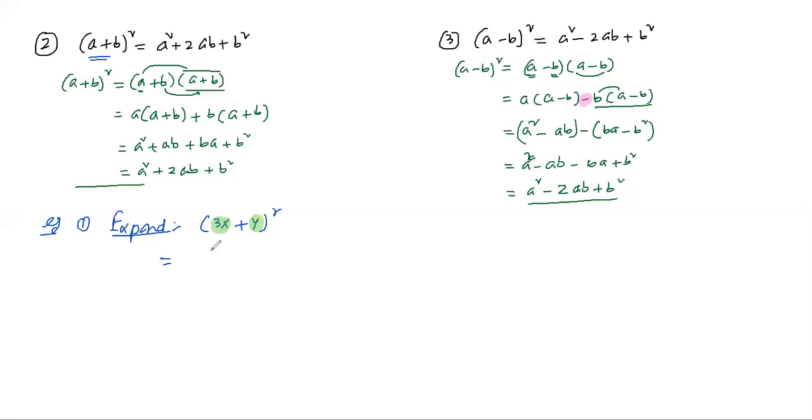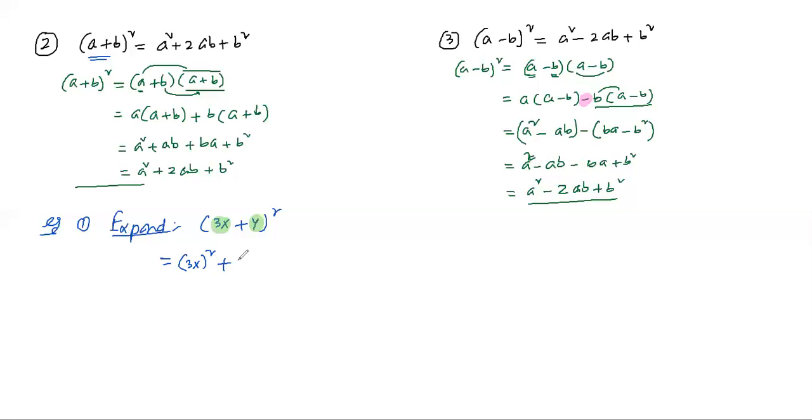This is the place for A square, so I have to put this in the bracket. The question is 3x plus y whole square. Okay, so now this is A square.